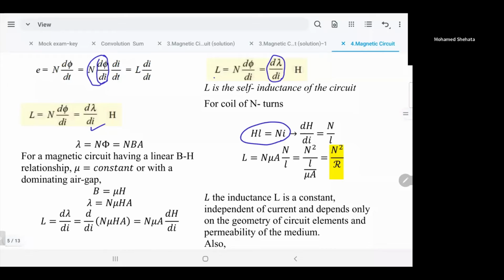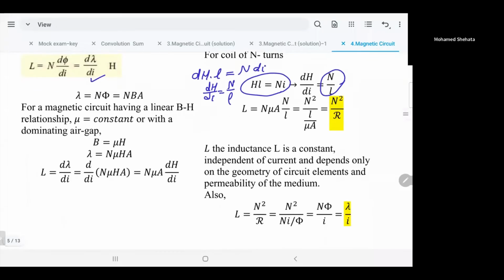If you differentiate dH by dI, L is constant, N is constant, and I can be changed. So dH divided by dI will be equal to N over L. That's dH by dI. Okay, that's L.